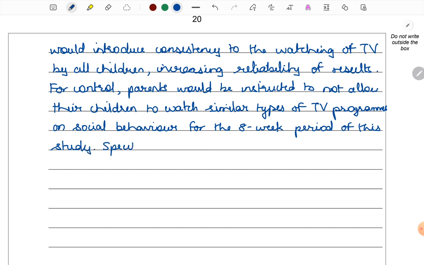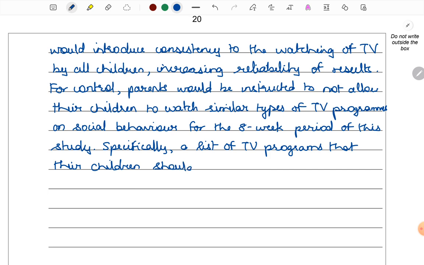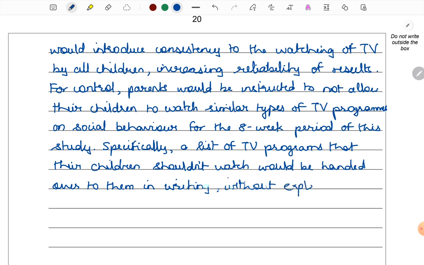Specifically, a list of TV programs that their children shouldn't watch would be handed over to them in writing without explaining why the prohibition is being done.